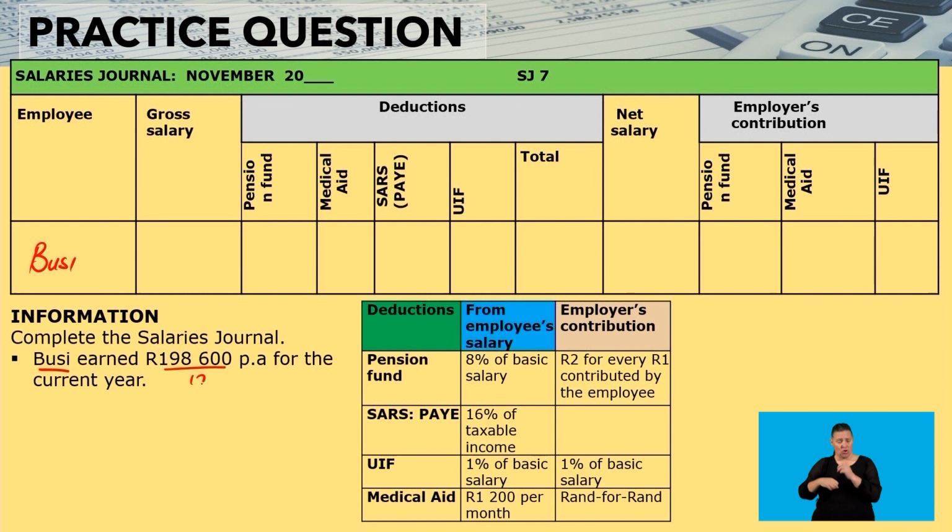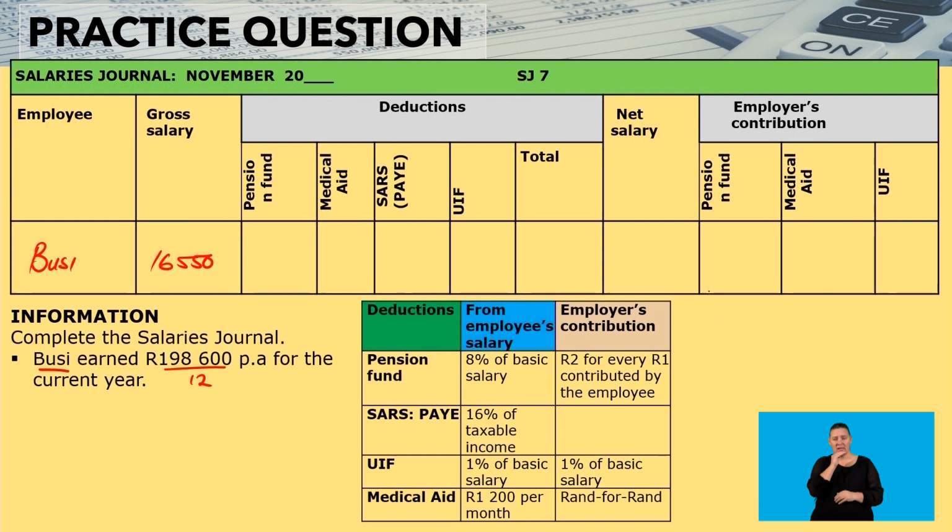So I simply take this, I divide by 12. It will give me 16,550. This is her gross salary. Let us now get more information. On the deduction, we have pension fund, and pension fund is 8% of the basic salary.